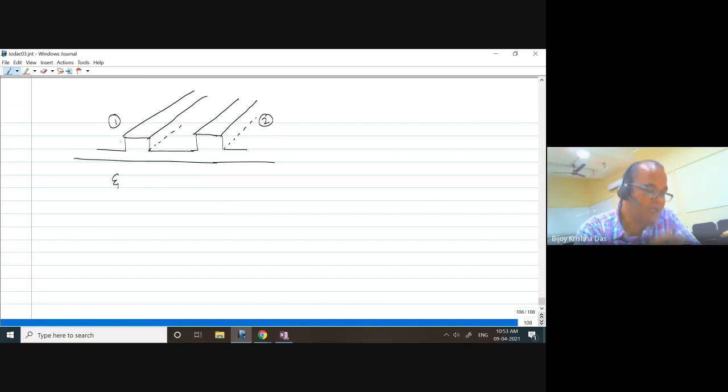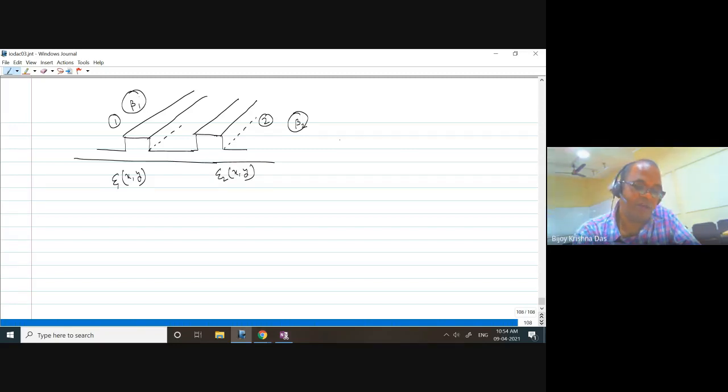If you solve independently, you get a propagation constant. It is also single mode, with propagation constant beta 1. And if you solve here using a numerical or mode solver, you get the solution beta 2, and you can have the mode field distributions E1(x,y) and E2(x,y).